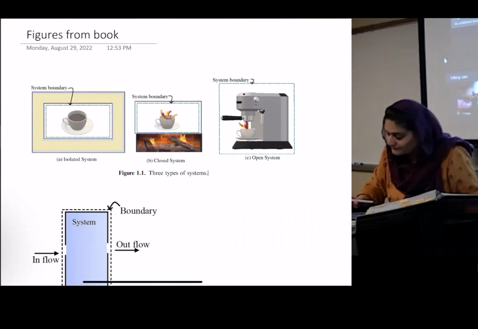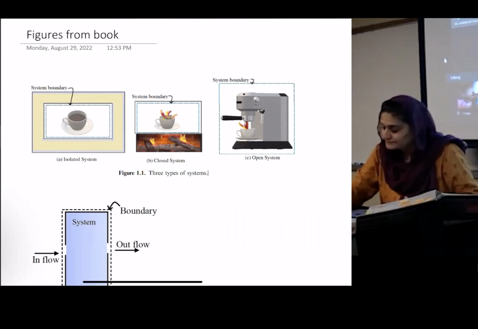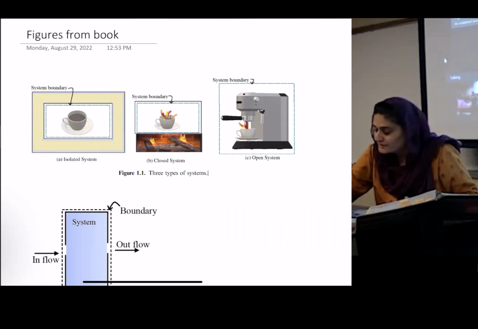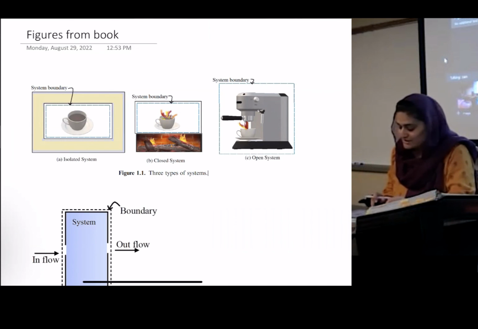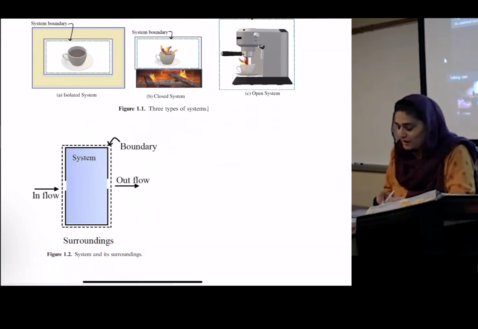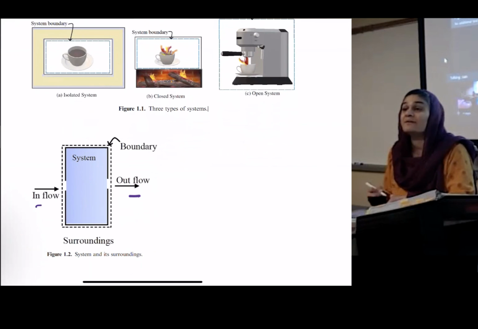So this is a figure from the book. And those are quite good. So this is our three systems: isolated, closed, and open. This is what we call a boundary. This allows either the flow in and the flow out. And this is whatever we call our system.